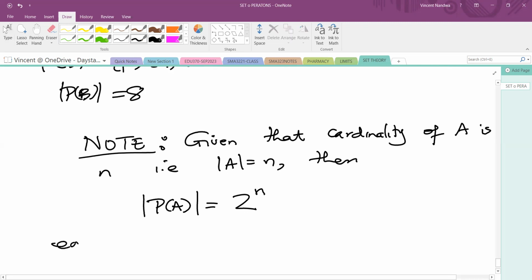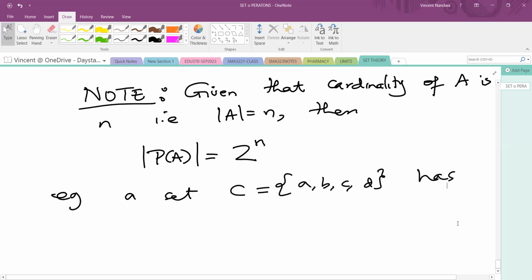So for example, a set C, which has A, B, C, D, has a cardinality of the power set of this C of 2 raised to the power 4, which means 16.